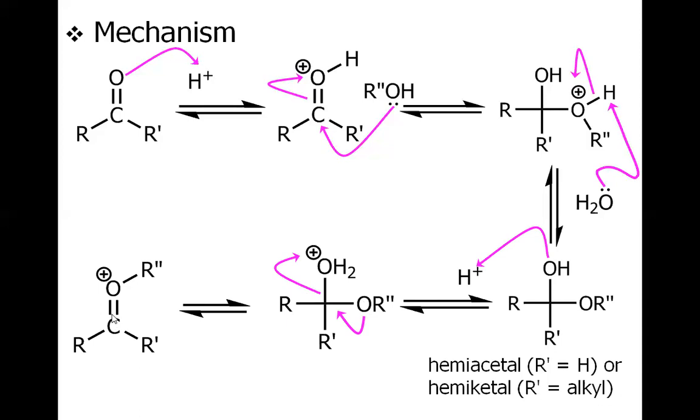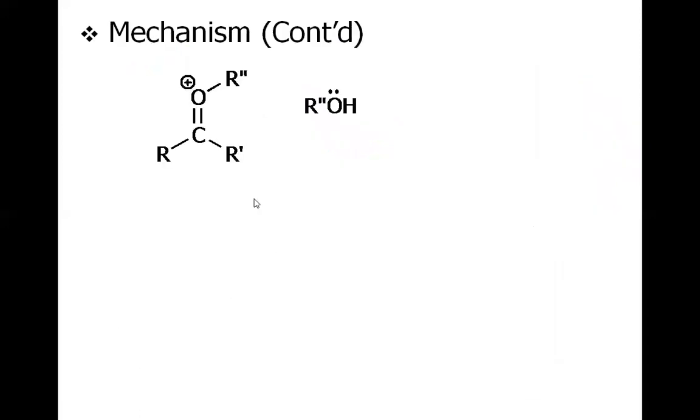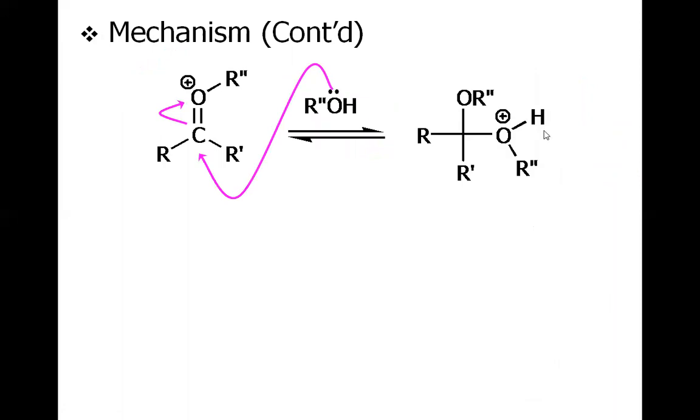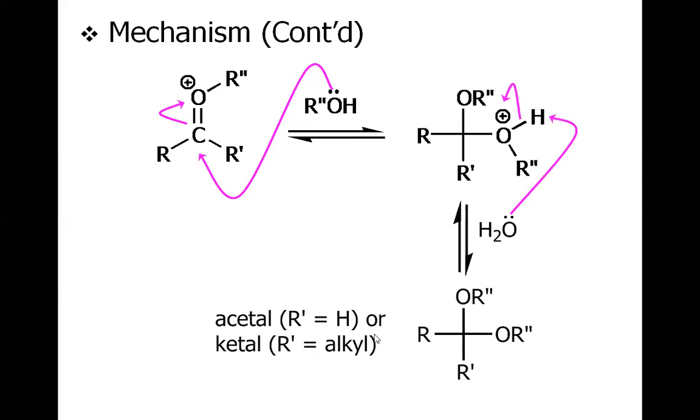And this reactive intermediate will be immediately attacked by the second mole of alcohol to have again this tetrahedral intermediate, whose H will be deprotonated to afford the neutral species, which is called acetal or ketal, depending again on the nature of R prime.